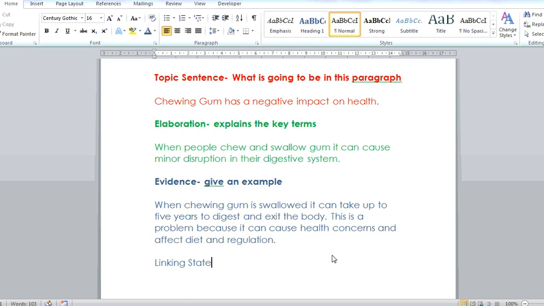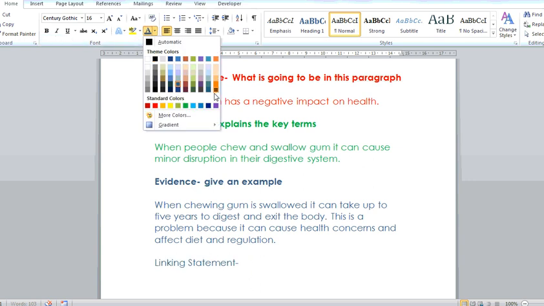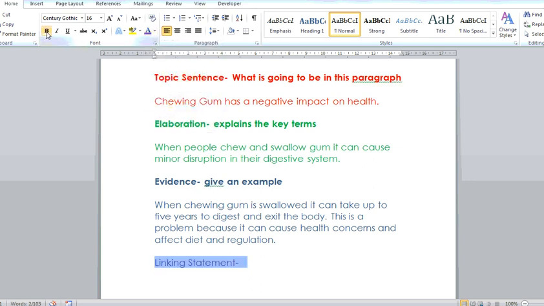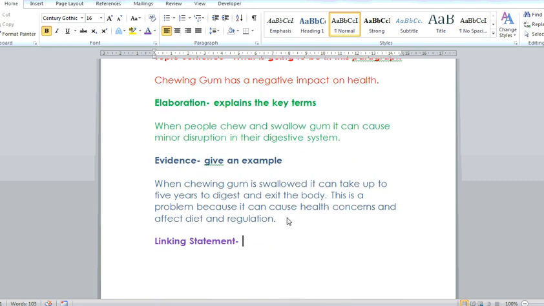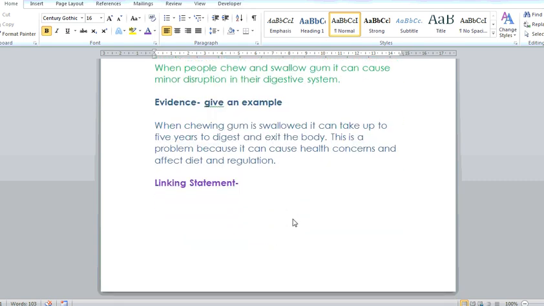and the most important thing about the linking statement is that you now show what the relationship is between whatever you've just been talking about and the final point, or not the final point, but the overall topic, which is that chewing gum should be banned. So, my linking statement, I need to make my paragraph relevant to the overall topic.